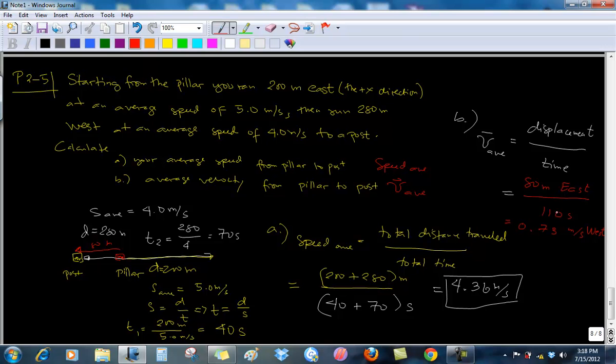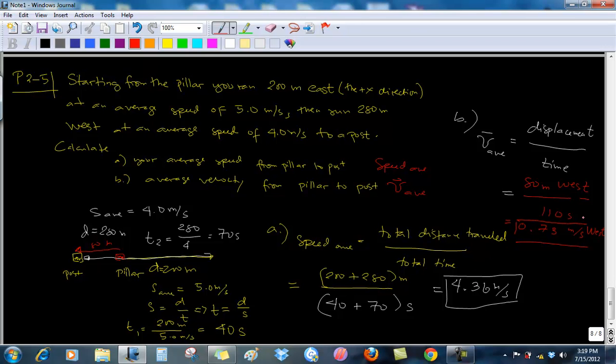So west. Okay, so that is the answer, the average speed and the average velocity.